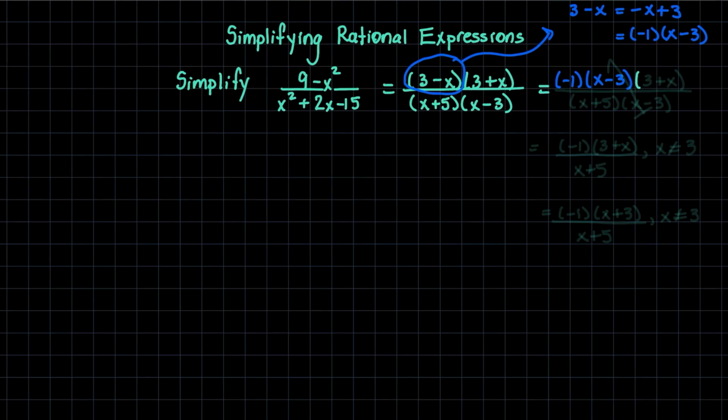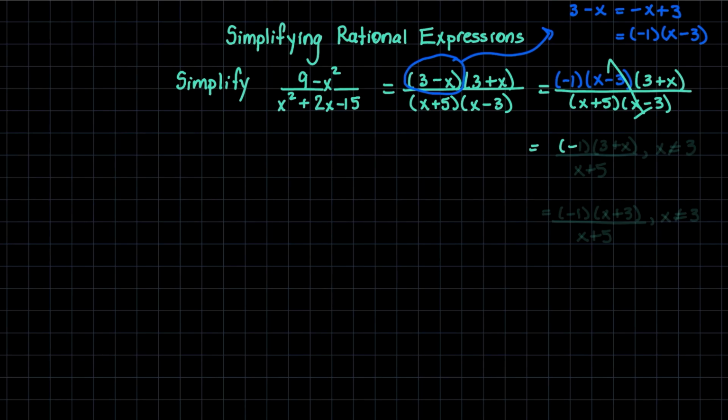Then we have 3 plus x, which you could rewrite as x plus 3, but I'll leave it as 3 plus x, over (x plus 5)(x minus 3). Now my numerator and denominator both have a common factor, x minus 3.